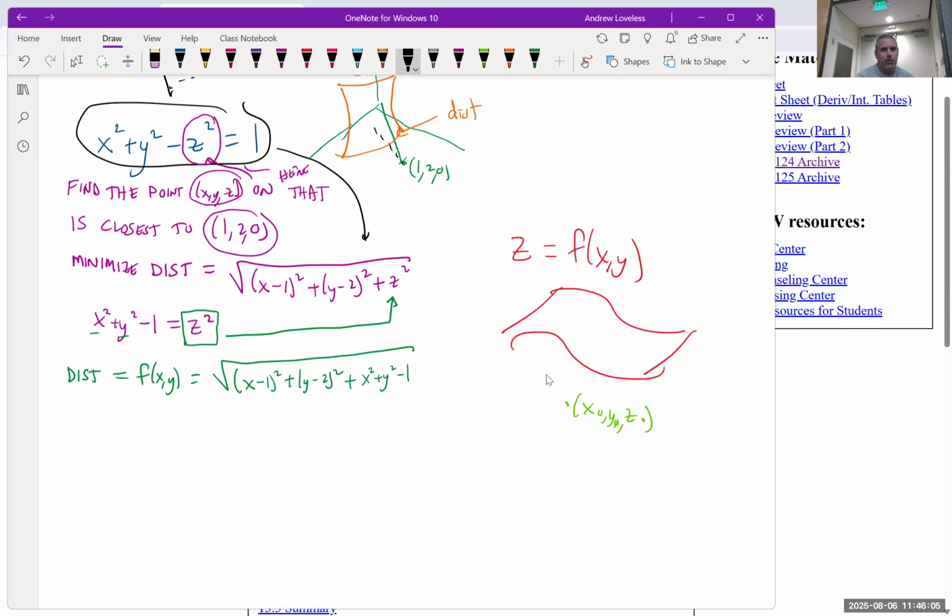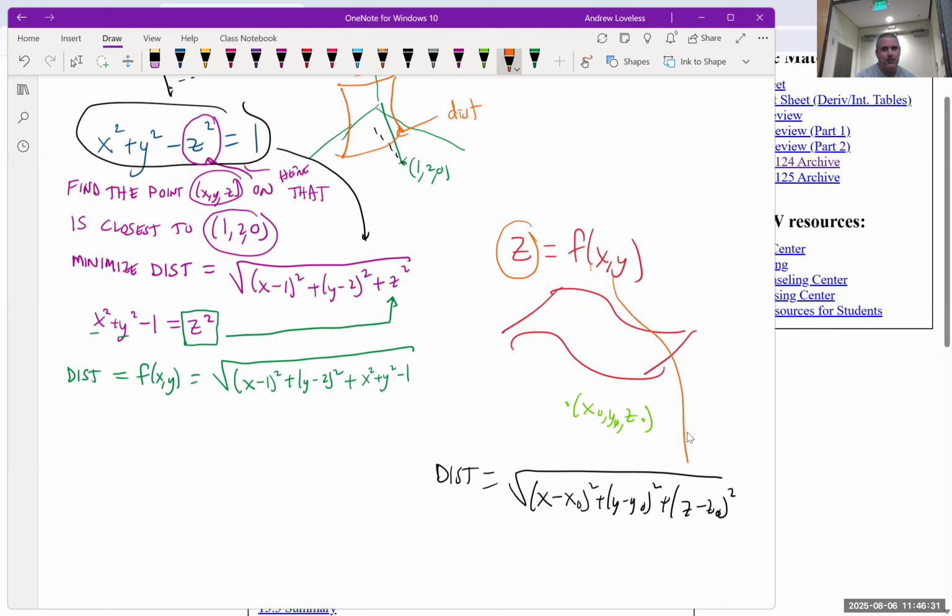You would write down, we want to minimize the distance. The distance would be the square root of x minus x0 squared, y minus y0 squared, z minus z0 squared. And then you would do what? If you're giving someone a general layout, you substitute and you get this function.